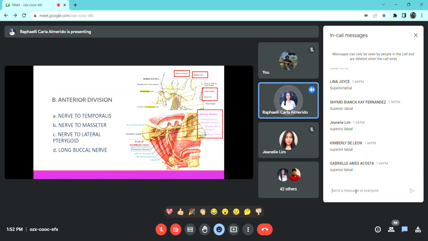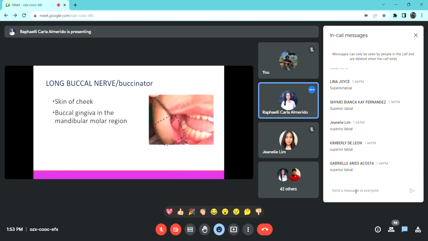Your long buccal nerve is the only sensory branch within your anterior division. A, B, and C are motor, providing motor innervation. The long buccal nerve supplies the skin of the cheek as well as the buccal gingiva in the mandibular molar region.